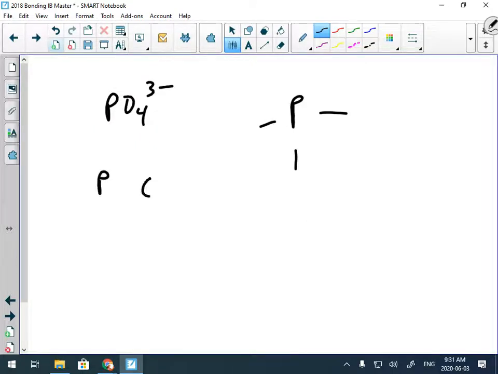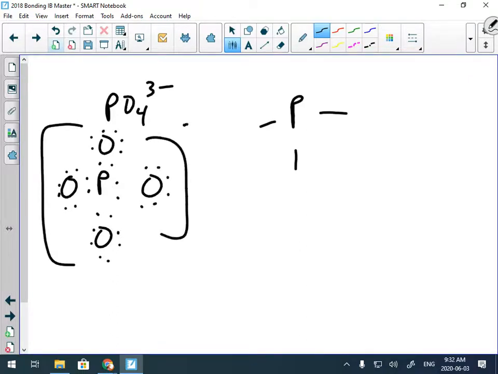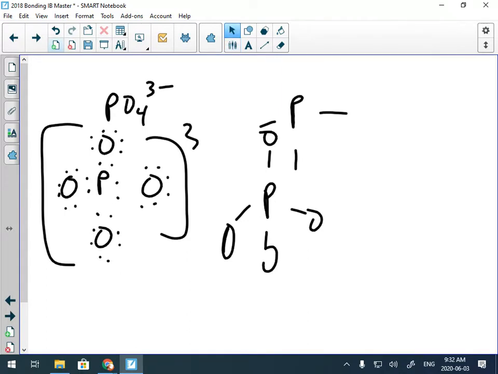If I was to draw the dots, the only way it would work is to put phosphorus in the middle like this, okay? And that's just how polyatomic ions work. So yes, in this case, phosphorus would have 4 lines to it, and oxygen would only get 1. So the rules fall apart for polyatomics. All right, that's the lesson for today, guys.